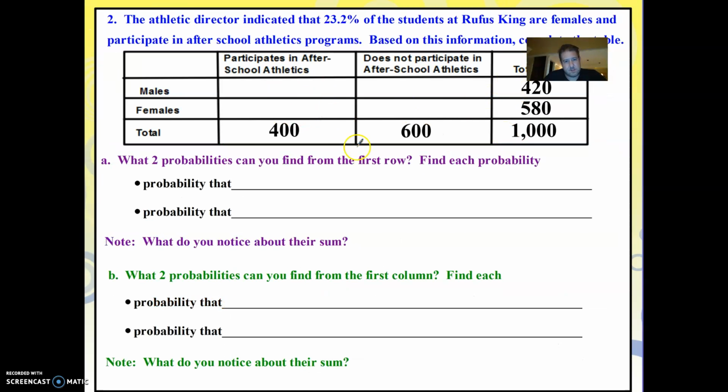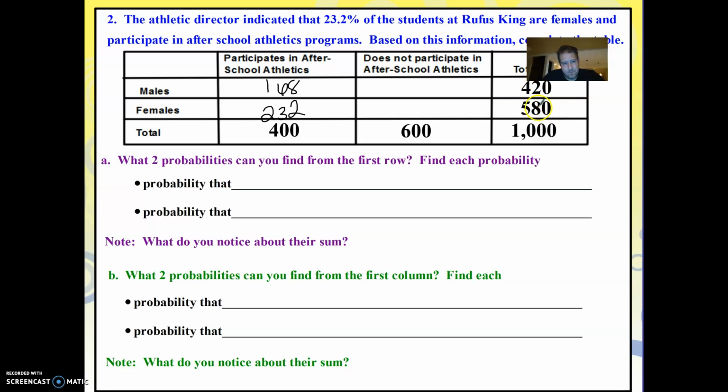Okay, same things we have for the one. 232 students are females and participate in athletics, so 232 goes right there. And now I should be able to figure out all the rest using subtraction. So 400 minus 232 is 168.